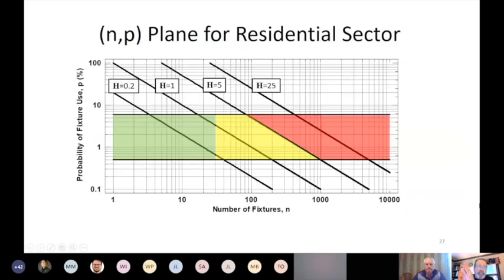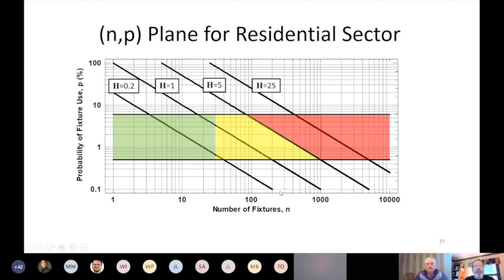So this is a plot that shows the NP plane, kind of summarizes some of the results that we've got from our analysis. And what we see here is 3 different colors, green, yellow, and red, that correspond to different algorithms that are going to be used depending on the size of the building.